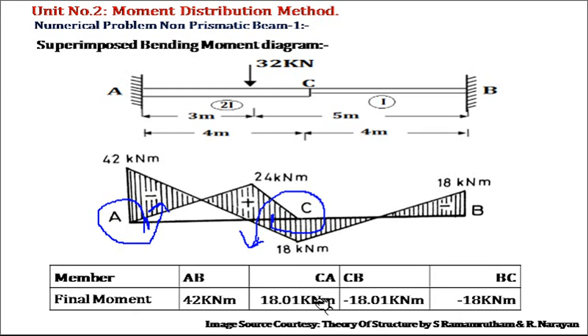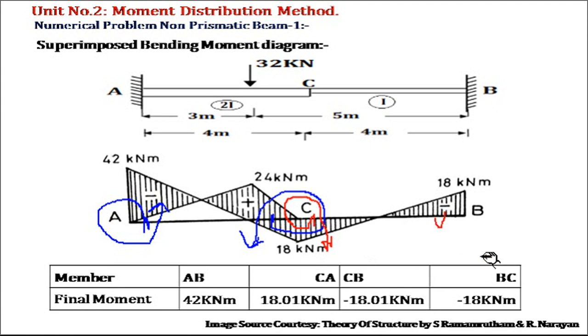Now the moment in member CB is minus, which means we have to rotate the joint C in clockwise direction. Keep the plane on member CB nearer to joint C and rotate the joint C in clockwise direction. So the value of 18 is downward.